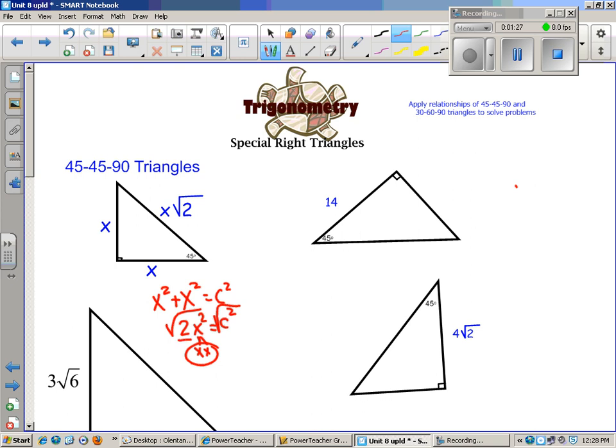The 2 is alone, so it has to stay in. So that becomes x square root of 2 equals c. So if the sides are x, then the hypotenuse is always x times the square root of 2.